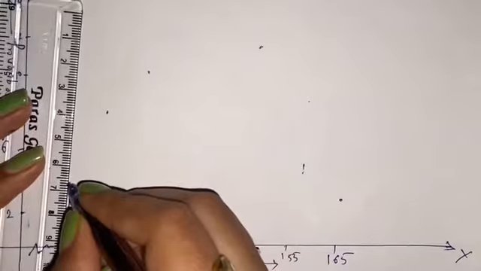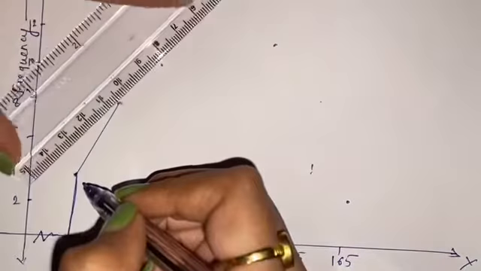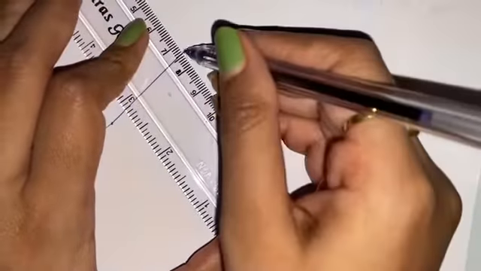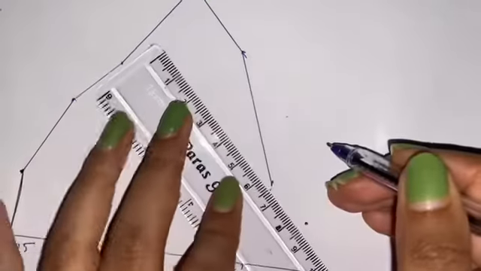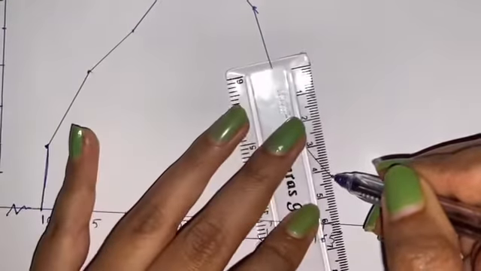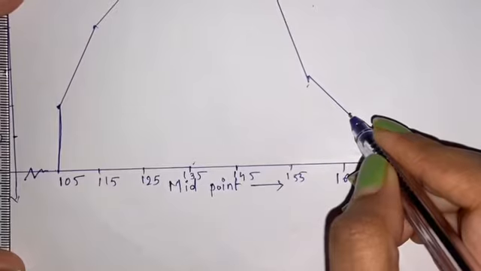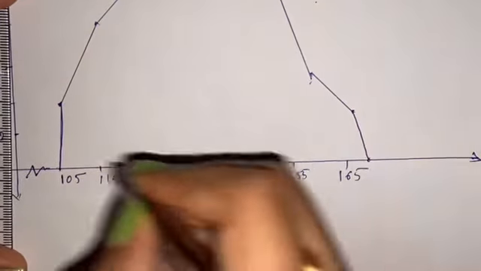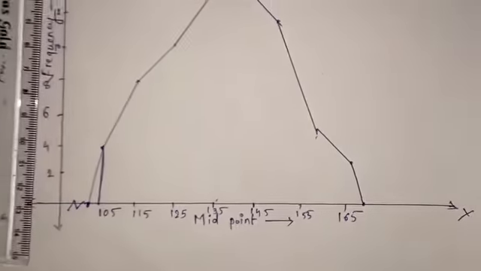With this scale you have to join. Next will be this one, then this will come here. You don't have to make a curve, you have to join with a scale. And at last comes 165.